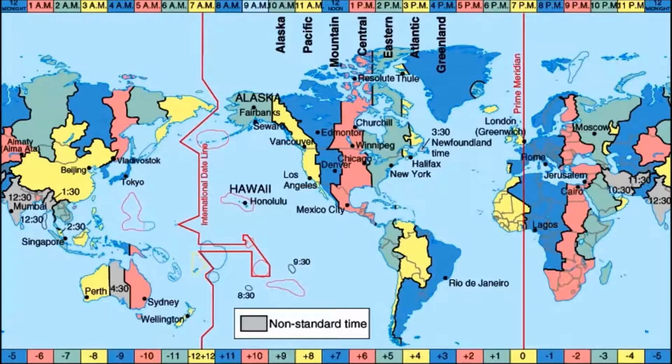Now on the left you see the international date line. You can see it in more of a zigzag way, right? The reason it is in the zigzag way is that on the right hand side of the line is Europe. The right hand side of the international date line is America, and on the left hand side you have Asia.